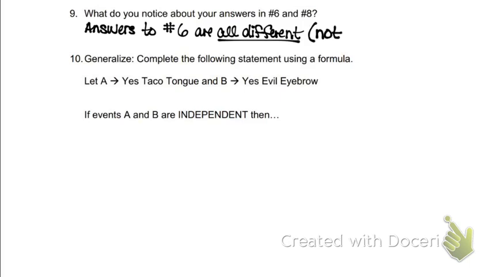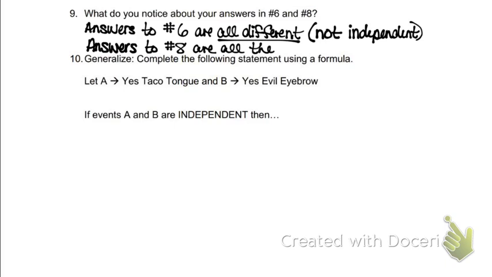And those were the ones that were not independent. Getting additional information did not change our probabilities.